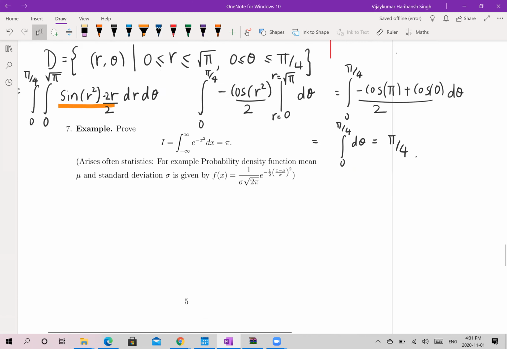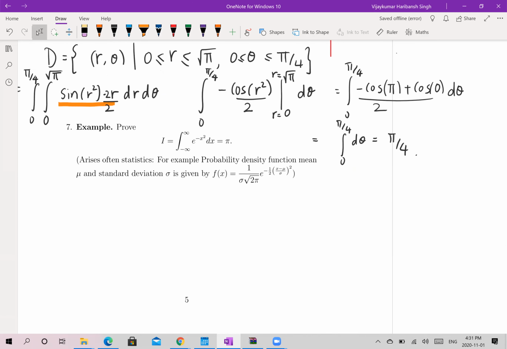Now let's look at the following application. Suppose you're integrating from minus infinity to infinity e to the minus x squared dx. So how do we go about it? First of all, before I solve this integral, I want to point out that this is a very important integral in statistics.